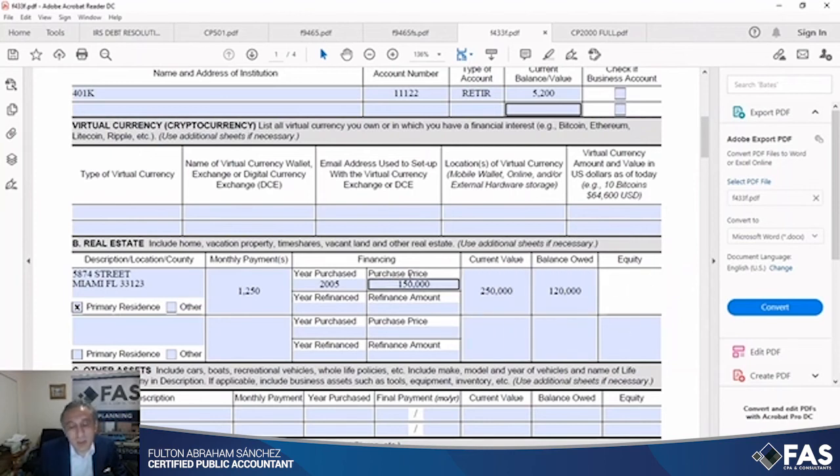Now, the problem here is that if this is the case, you have an equity of $130,000. And this is what the IRS is going to say. You do have equity. You can go to the bank, apply for an equity line, and pay your debt. The IRS is going to say that, not immediately, but when the case is assigned to an officer in the IRS, the officer is going to give you that suggestion.